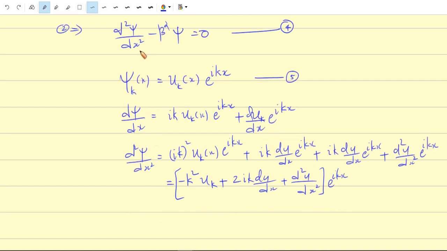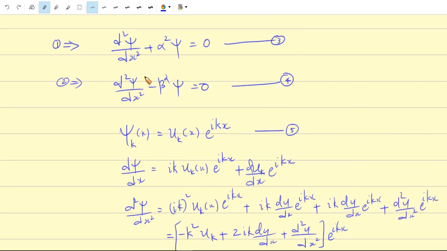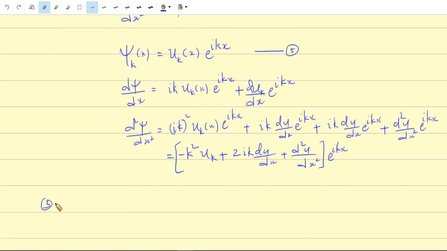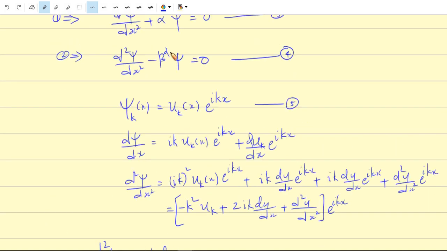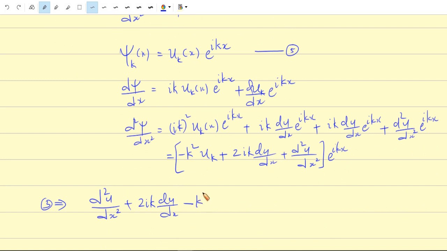Okay, substituting this in equation number 3, equation number 3 will become d square u by dx square plus 2ik du by dx minus k square u, times e raised to ikx, plus alpha square uk e raised to ikx is equal to 0.